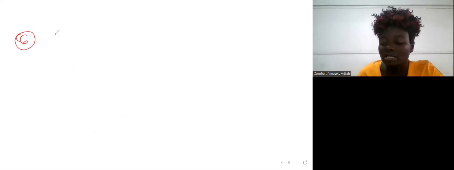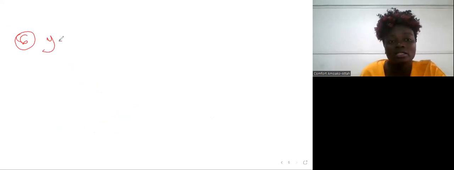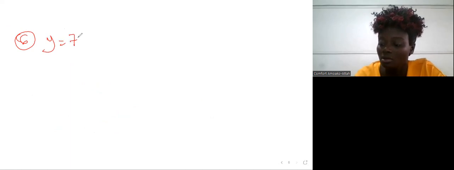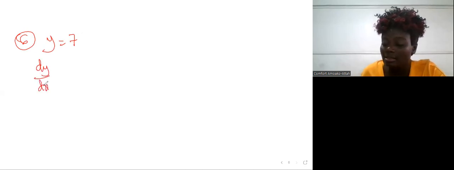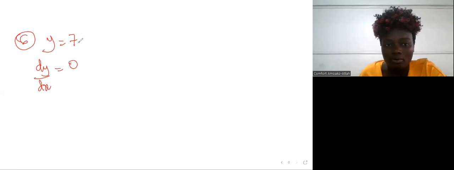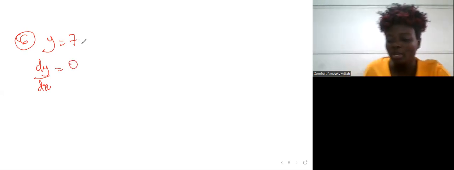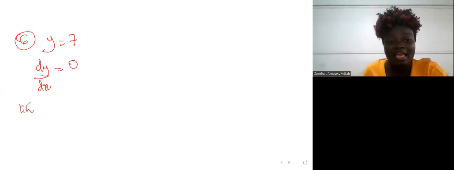The last one, let's differentiate a constant number. So y is equal to 7. How do we differentiate a constant number? dy/dx is equal to 0. There is no variable over here. Why? Because the line is a horizontal line with a slope of 0.